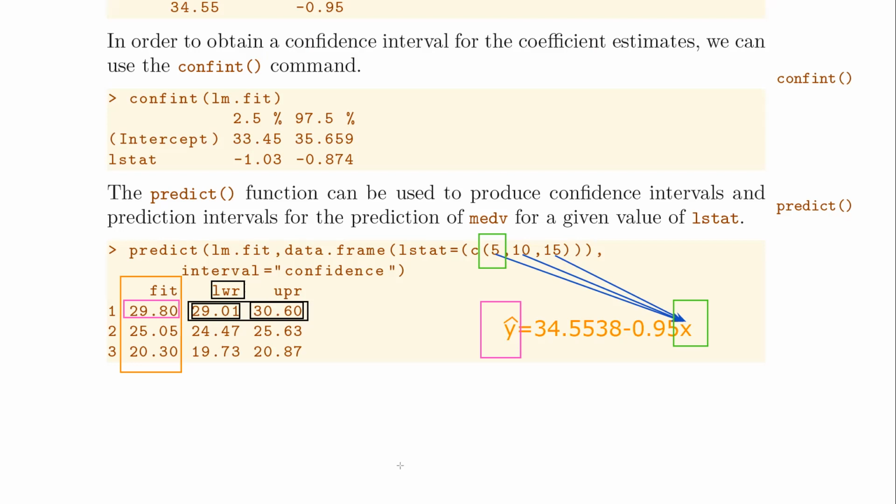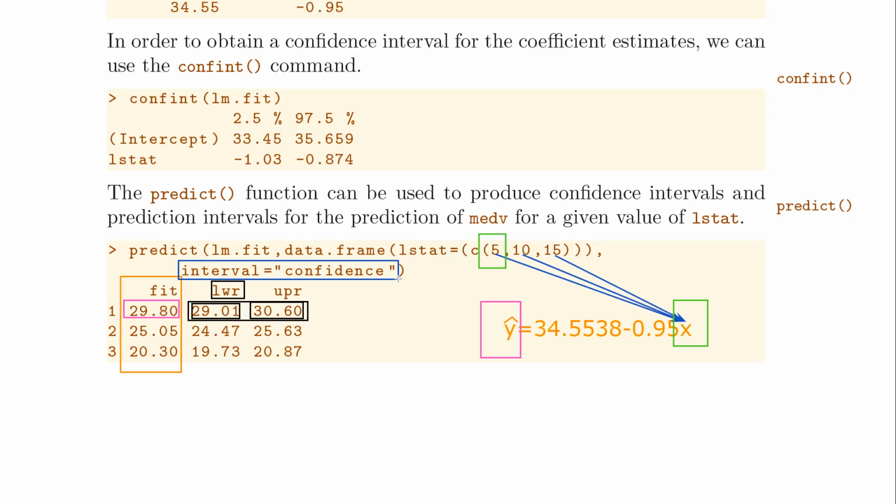Now, when you tell R interval equals confidence, this depends entirely on the extent of the error that you believe is present in your estimated betas.